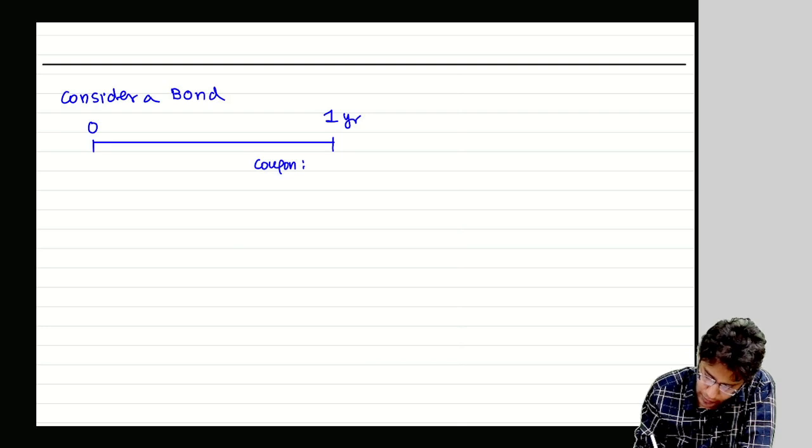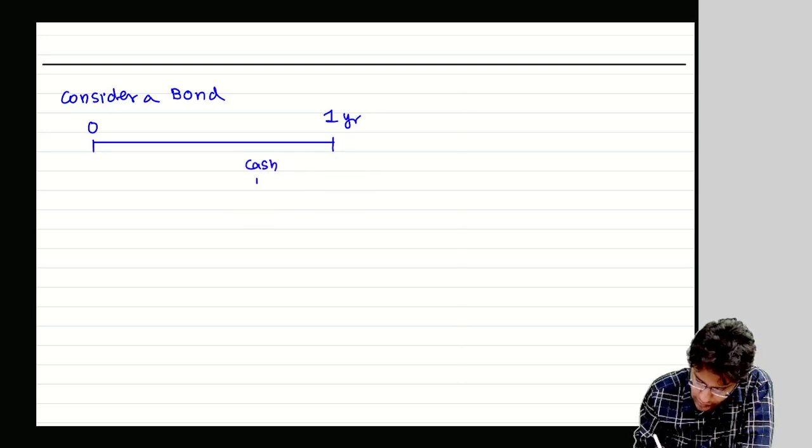It will give you a coupon of 10. So fine, leave all this, just simply write the cash inflow: $100.